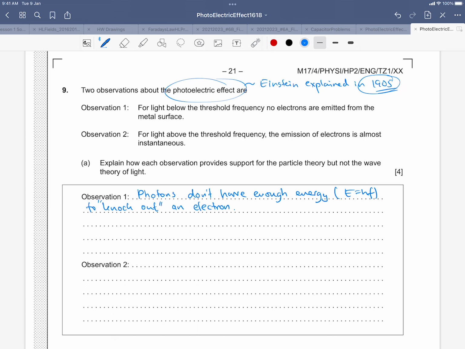So we can write that the energy of a wave doesn't depend on frequency, only amplitude.